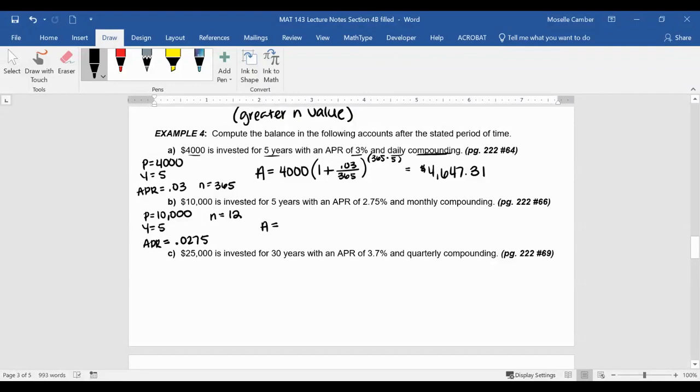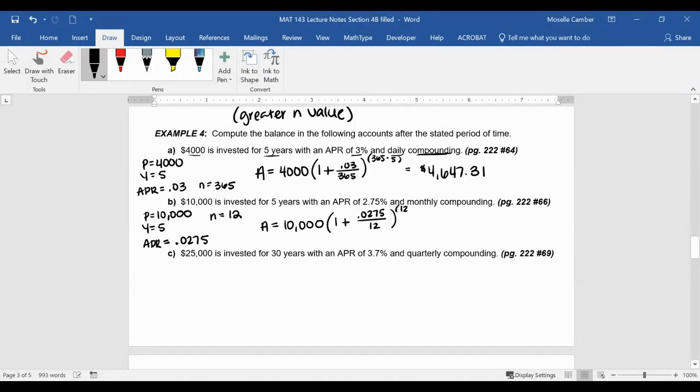So plug it into the formula. Now you will have most of these formulas on a formula sheet for the test, but if you can remember it without it, it'll be quicker for you. So our exponential, we start with our initial value that we input, and then it's 1 plus our rate, 0.0275, divided by the number of times per year.